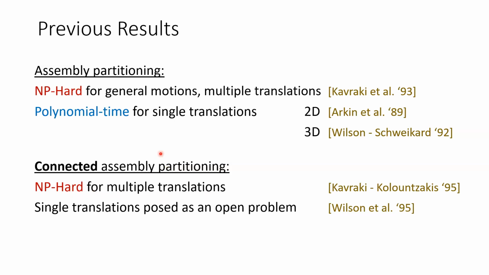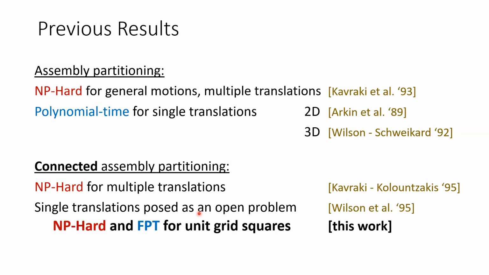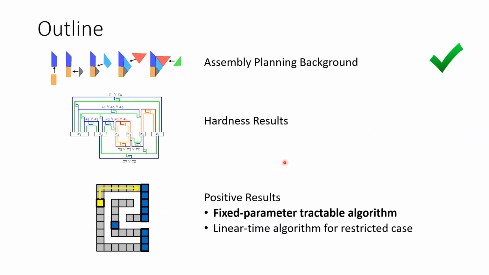Given the polynomial time algorithms for single translations without the connectivity constraint, a natural question that was posed is what happens if we also require connectivity in this seemingly simple case. This is the problem that we settle in this paper. We show that it is NP-hard and also fixed parameter tractable for unit grid squares, which is the case that I presented in the beginning. And so that is the background.